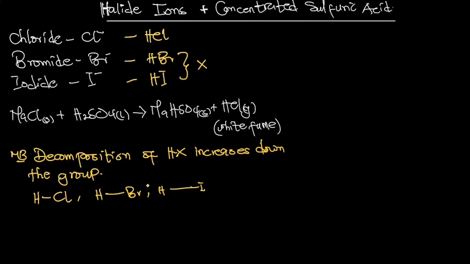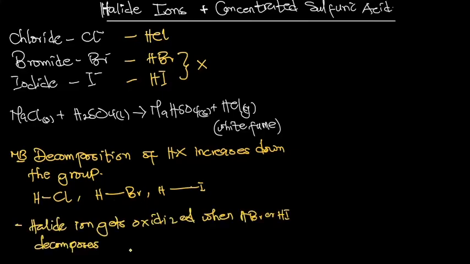When the HBr decomposes, you have the halide ion getting oxidized. That is exactly the reason why we can't have a pure HBr gas or HI gas when we react the halide ion with concentrated sulfuric acid.